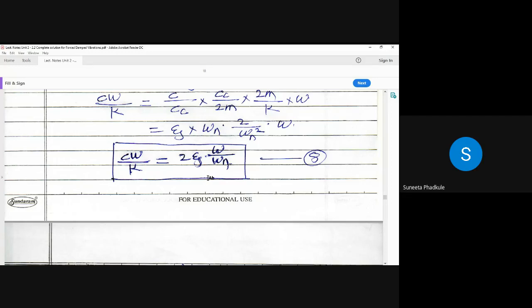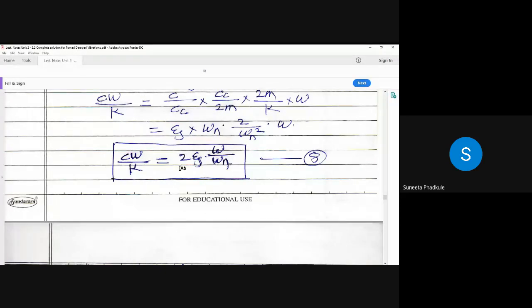Frequency ratio is defined as the ratio of the frequency of external excitation to the natural frequency. In every graph, on the x-axis it will be omega upon omega n, in dimensionless form. That's why we have written this. We can replace C omega upon K by 2 zeta omega upon omega n.